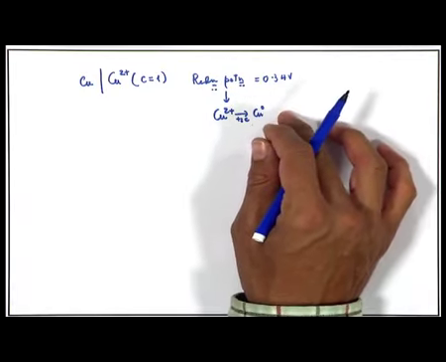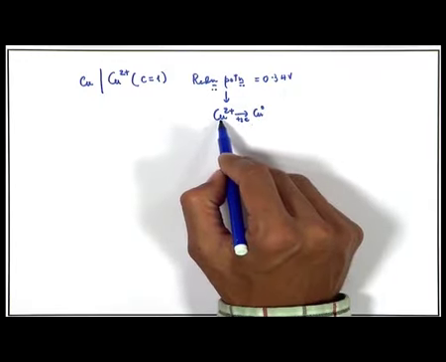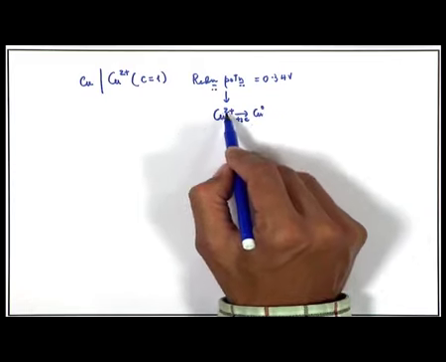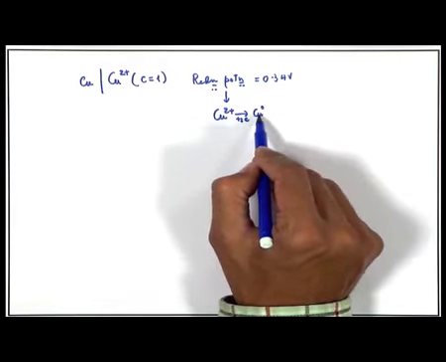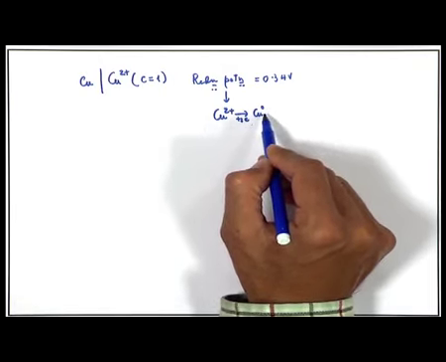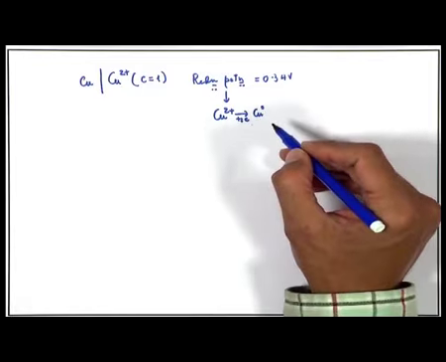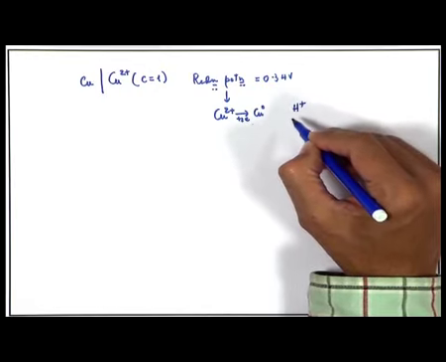Therefore, Cu2+ can easily be reduced to copper 0, but compared to hydrogen ion. Why compared to hydrogen?